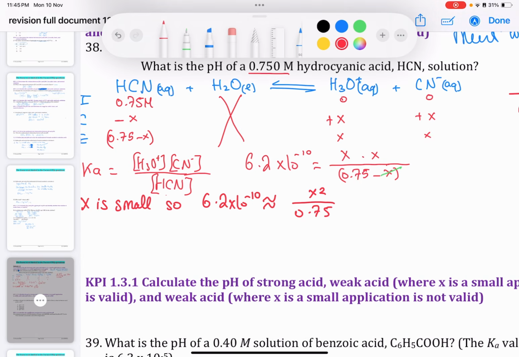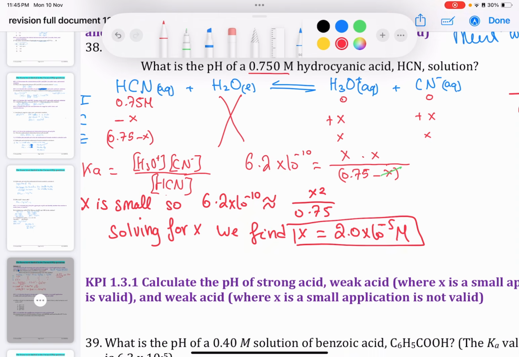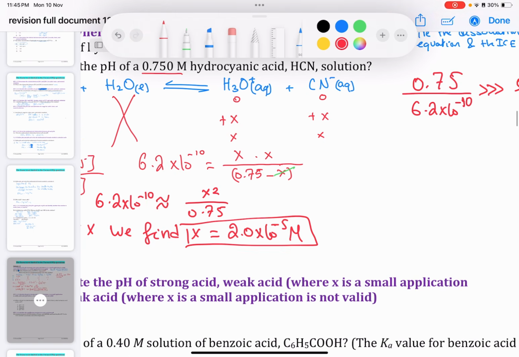Now, solving for x, we find it equal to 2.0 times 10 to the power negative 5 molar. See, it's very small. Now, who's x? X is H3O plus and x is CN minus.